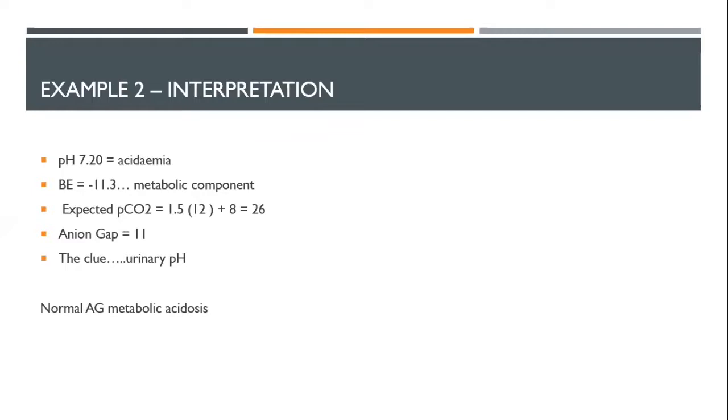There's 4 types, 1, 2, 3, and 4. The first 3 will have a low potassium, and type 4 will have a high potassium. It's the adrenal cause of renal tubular acidosis. So when you're given a patient who's acidemic and you're given a urinary pH that's high, then you have to think about renal tubular acidosis, and that will give you a normal anion gap metabolic acidosis.